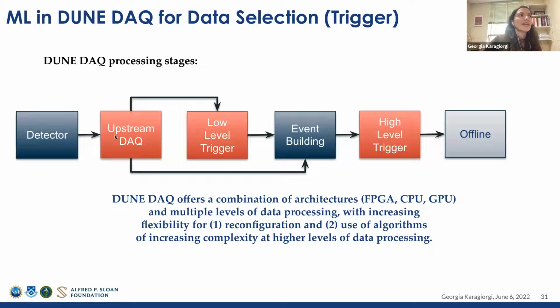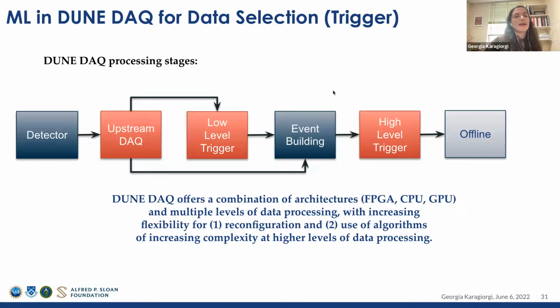In terms of the data flow, the data from the detector go through the upstream DAQ system, which does some basic pre-processing of data like noise removal before the low-level trigger stage occurs, and only upon a low-level trigger decision does data get shipped further into event building.